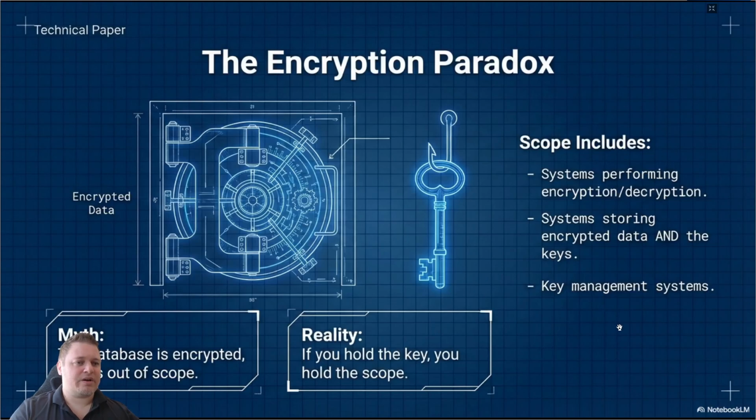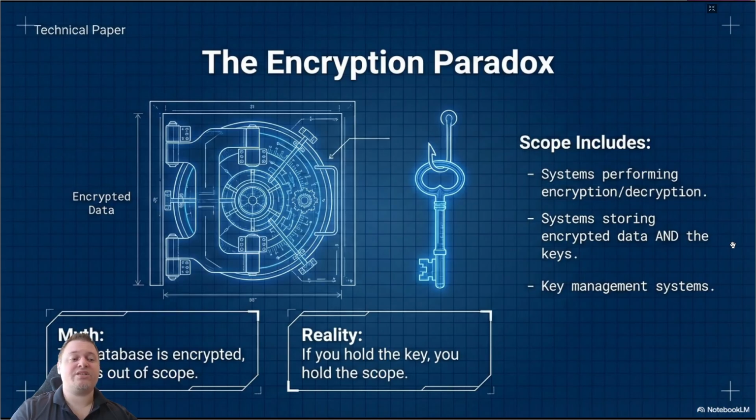The encryption paradox. Now, the myth is, just because the data is encrypted, it is out of scope. If the data is encrypted at a location that does not hold the keys, then the myth becomes truth.